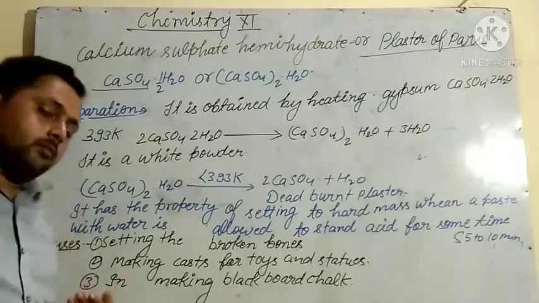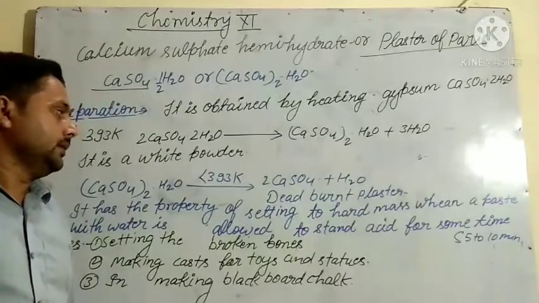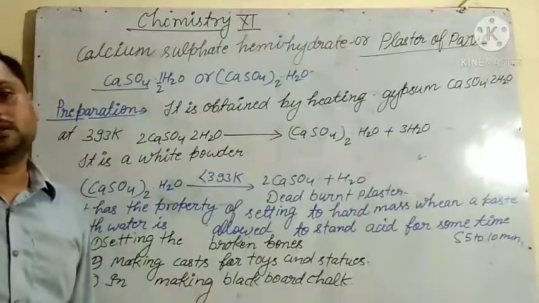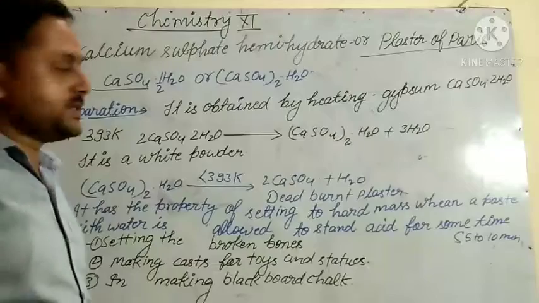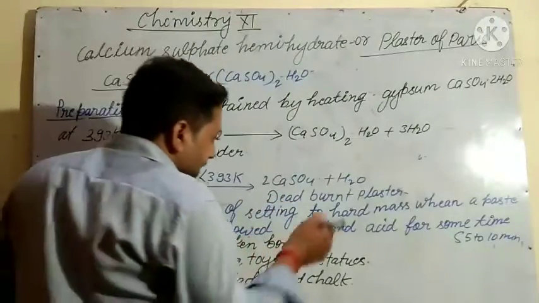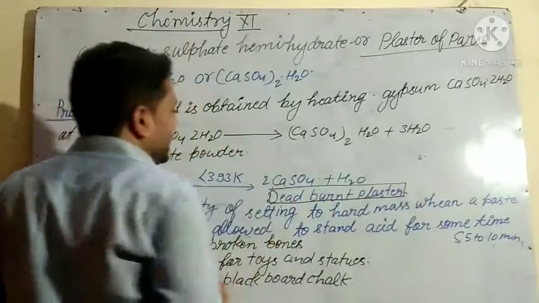If we heat more than 393 Kelvin, it becomes anhydrous, meaning it loses water molecules, and that is called dead burnt plaster. What is dead burnt plaster?